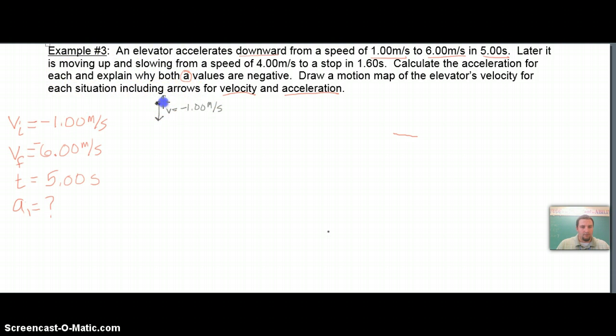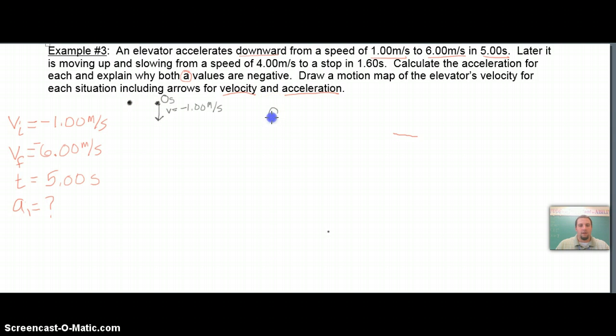Let me change colors here. I'll draw the acceleration vectors right here. The acceleration vector is, well, we've got to figure out what the acceleration is first. So let's figure out what the acceleration is first, and then we'll be able to draw the acceleration vectors.